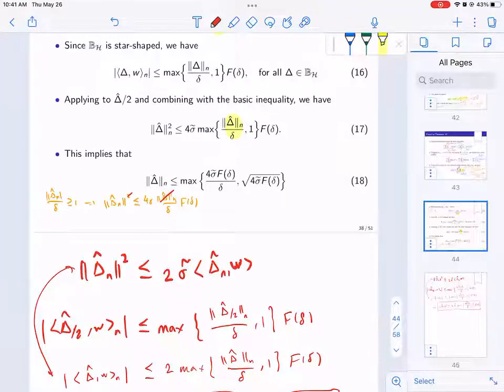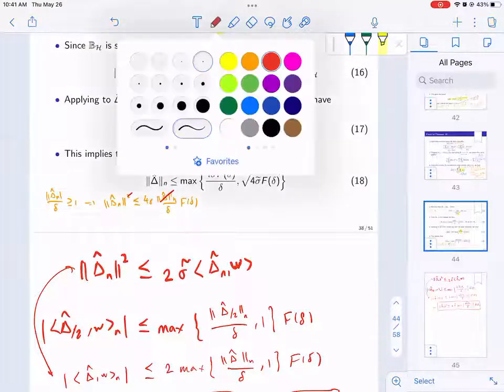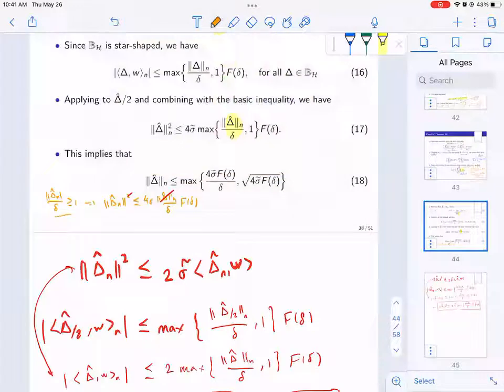And then what I'm doing here is separately considering the two cases. Once I consider this case, I would get that delta hat n is controlled by 4 sigma tilde f delta divided by delta, that's this first term.